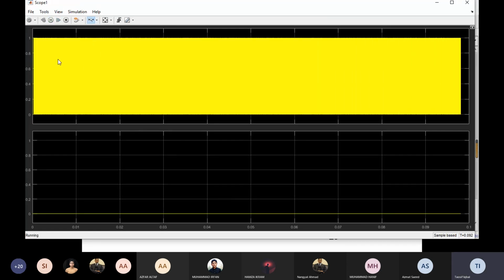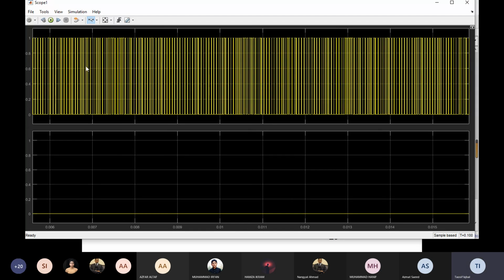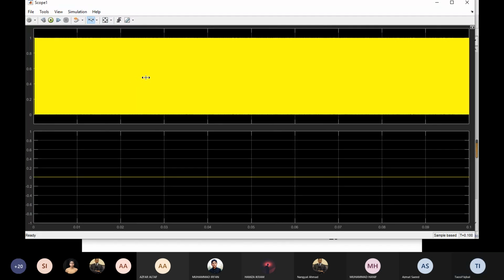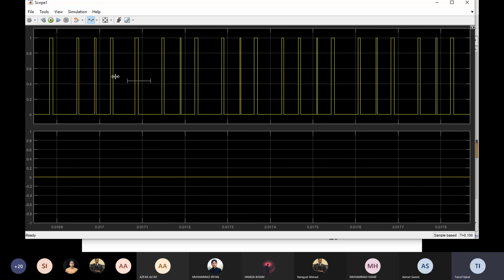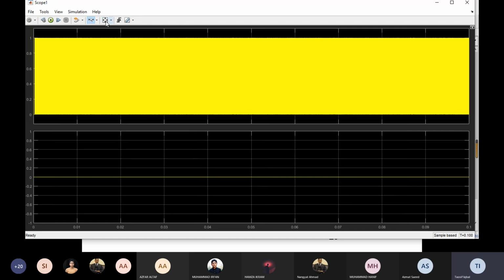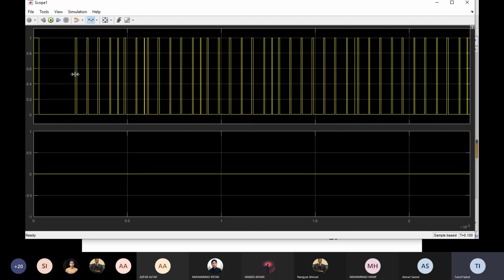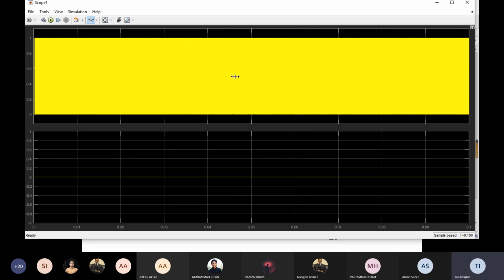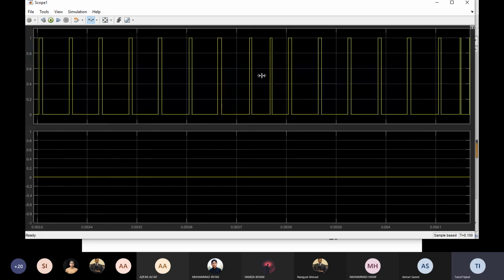Right. So you can see this is the PWM signal that is given to the IGBT, and the duty cycle may not be constant. Somewhere it is different. When we apply a control signal, the duty cycle is not fixed.